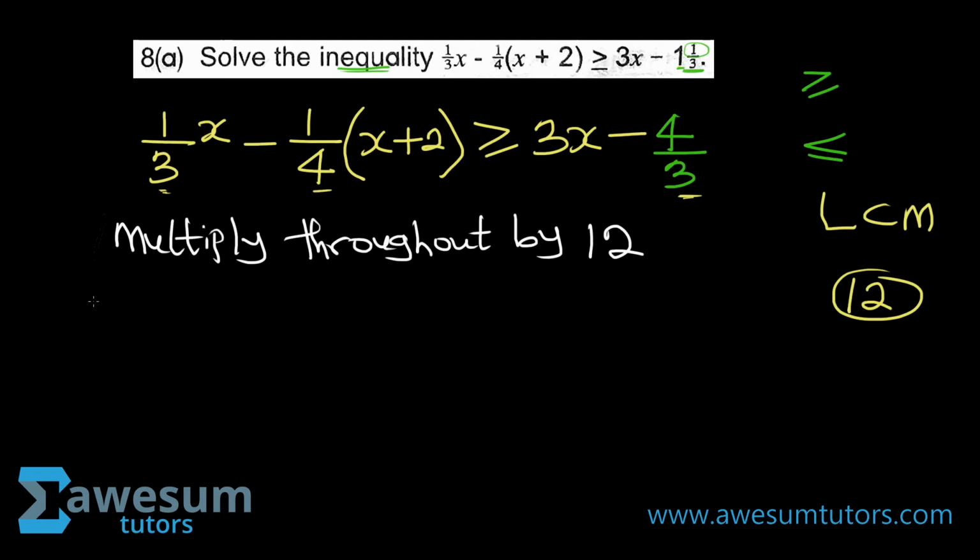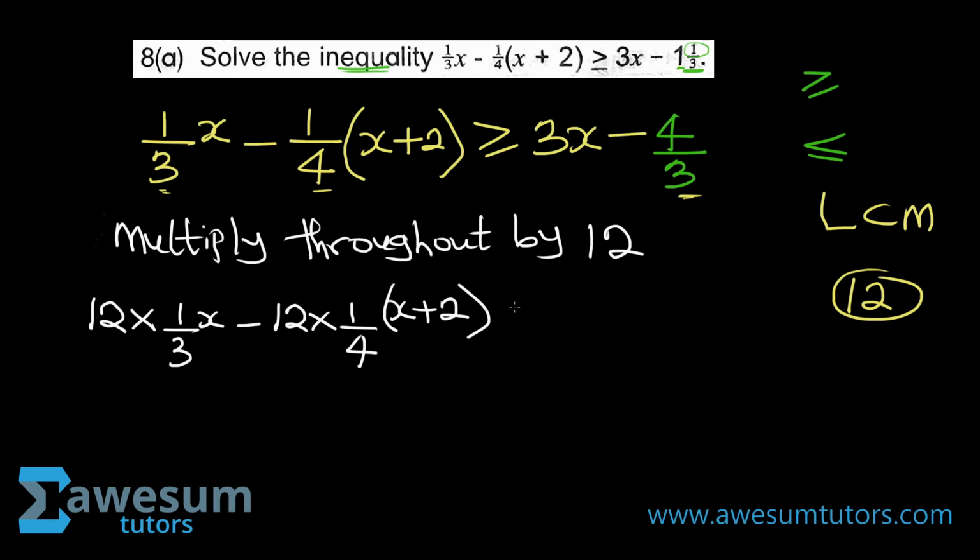So what I'm going to do right now is multiply this side by 12. So that's going to be 12 times 1 over 3x minus 12 times 1 over 4, bracket x plus 2.